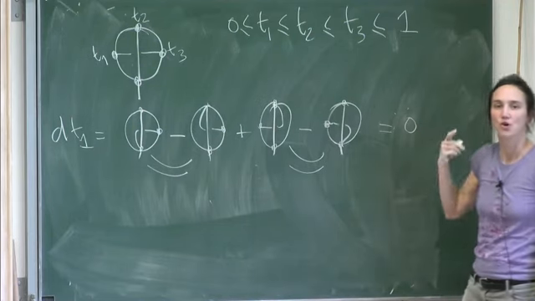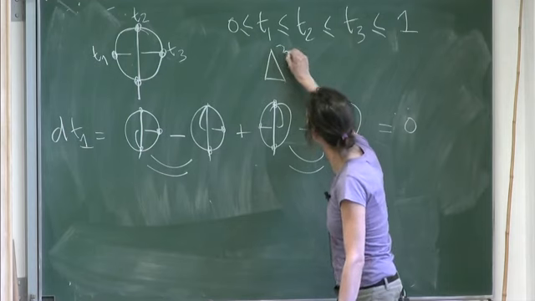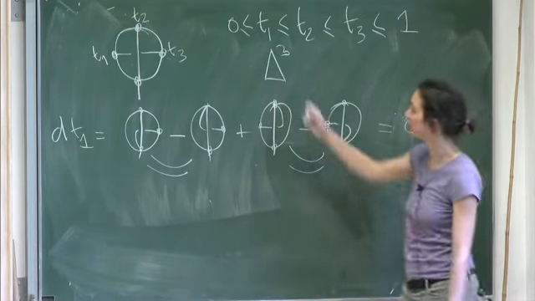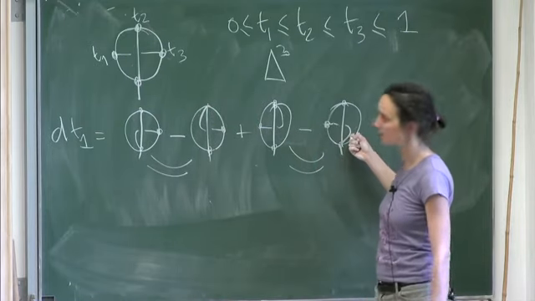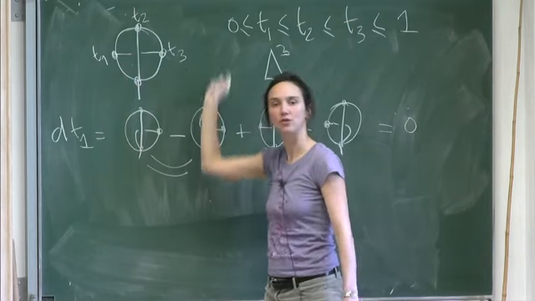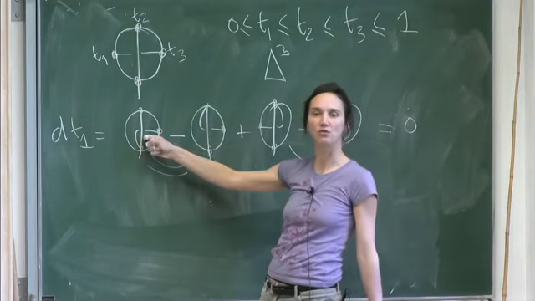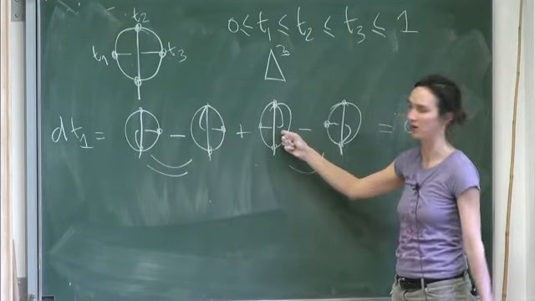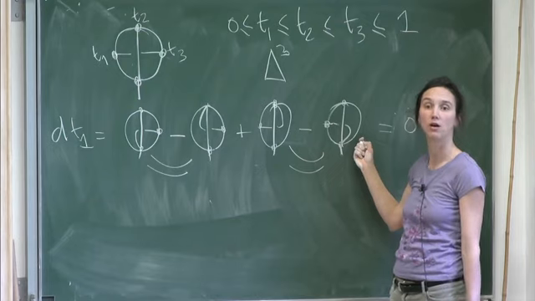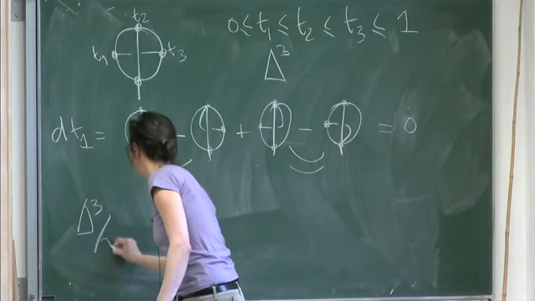But what am I doing if I'm thinking in the 3 simplex, delta 3? I'm looking at the 4 two-dimensional faces of this 3 simplex, when T1 is 0 and so on. And this is telling me I should identify face 1 with face 2, and I should identify face 3 with face 4. So this is delta 3 mod this equivalence relation.